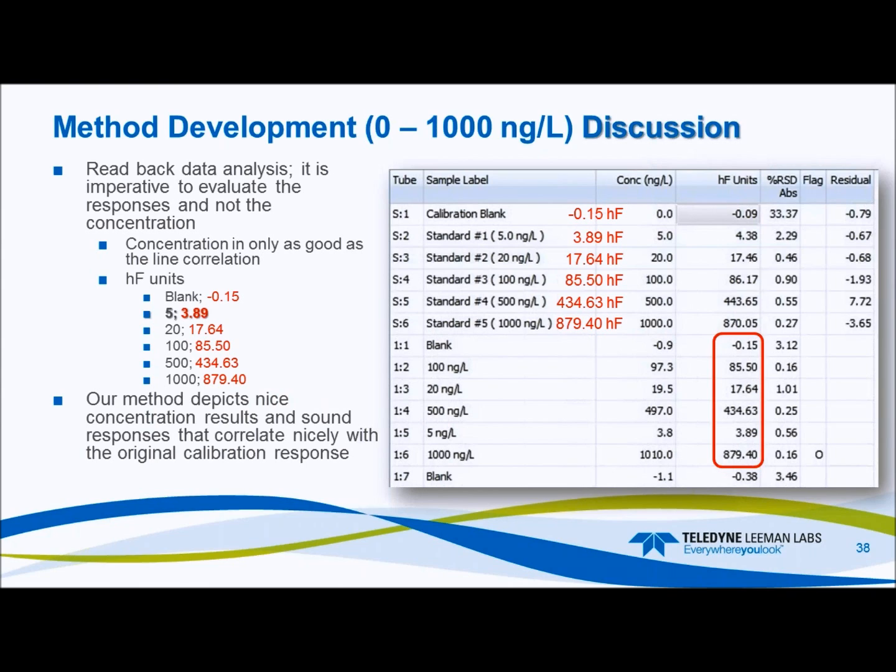The more important side is the response. How is the system behaving based on the response? So that's a telltale sign about the system, whether it's in control and everything is in good shape. So if the readbacks give us the same response as the calibration, that tells us, one, the system's functioning properly, and any issues with the calibration is on me.